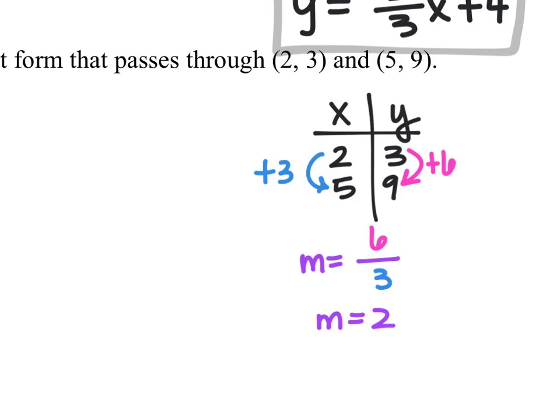Now we just want to choose one of the points that we were given and substitute the slope and a point into the point-slope formula. So I'm going to choose this first point right here, simply because it's got smaller numbers. So I'm going to substitute 2 in place of x1 and 3 in place of y1.